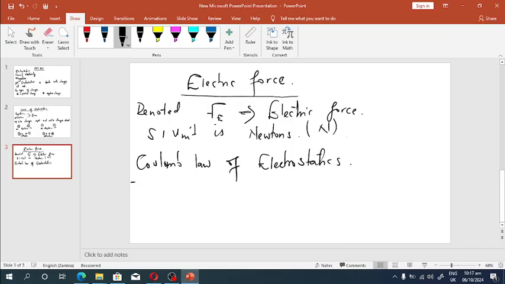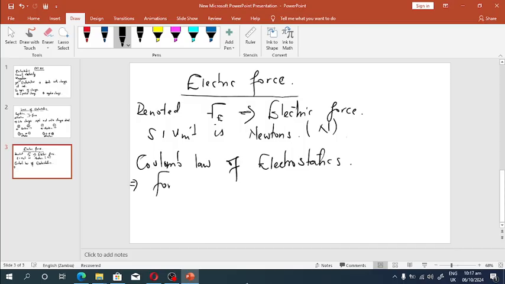And so this states that the force between two charged particles is directly proportional to the magnitude of the product of the charges and inversely proportional to the square distance.